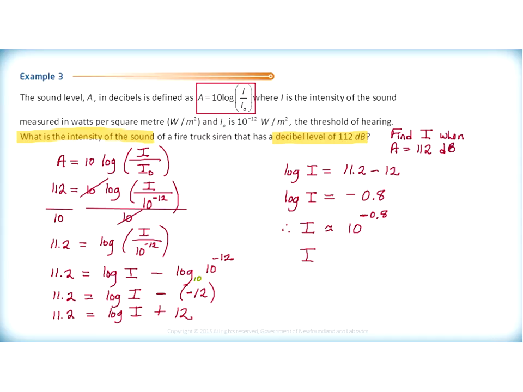That value of I then is approximately equal to 0.16 watts per square meter, and that is the intensity of the sound of the fire truck siren. I'll just indicate here that we follow up to here for our final solution.